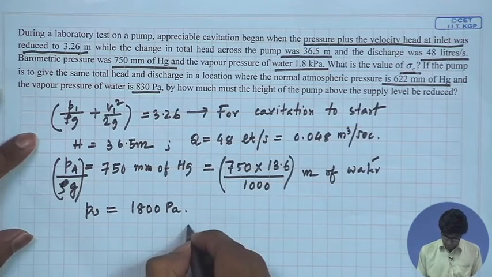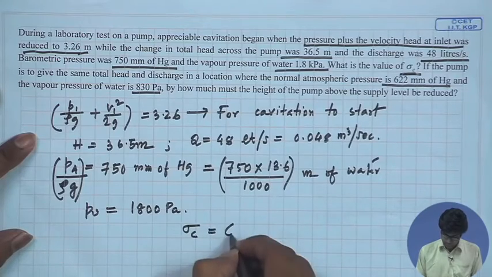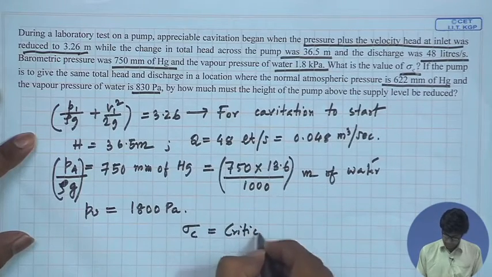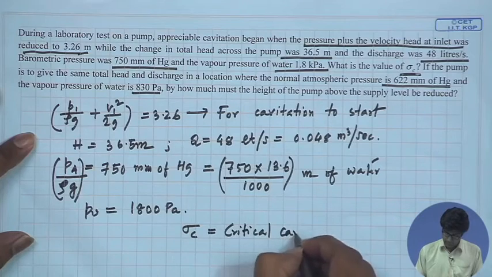So, we are required to find out the value of sigma c, which is the critical cavitation parameter.